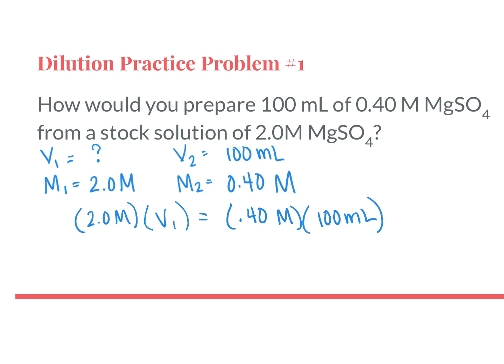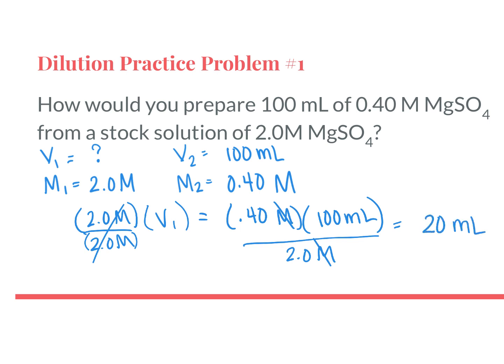What are you going to divide by? Okay, so you're going to divide both sides by 2.0. What's 0.4 times 100? 40. What's 40 divided by 2? 20. Okay. And then look at units. So molar cancels. So what's the only unit left over?